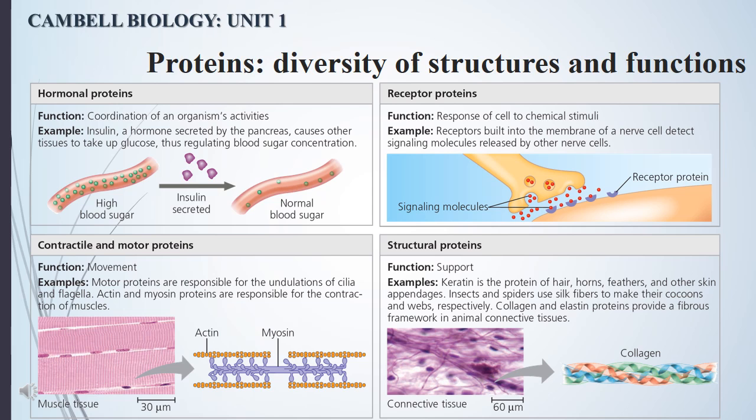And of course we have structural proteins that play a big role in keeping these shapes and conformations intact. An example of such protein would be keratin, protein in feathers and hair.